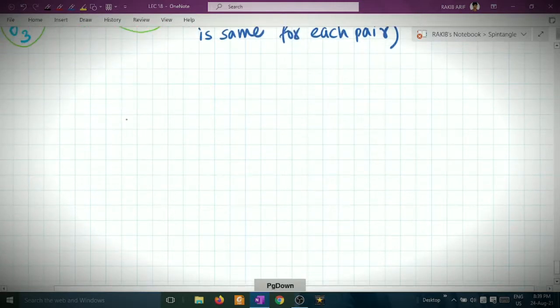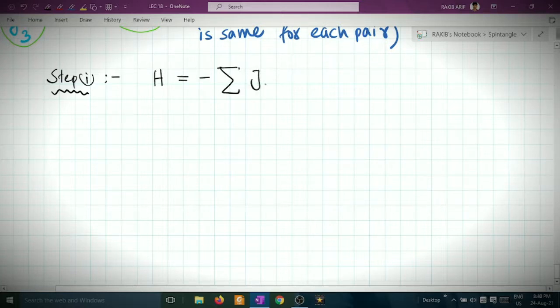So let's start from the beginning. In step 1, what we have to do? In the previous lecture we have seen, first of all we need to construct the Hamiltonian of the system. The Hamiltonian is given by H equals minus J_ij sigma_i sigma_j minus the magnetic field times sigma_j, where the sum is over i, j.